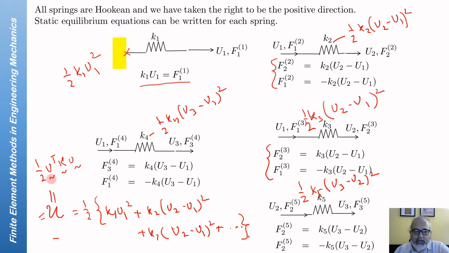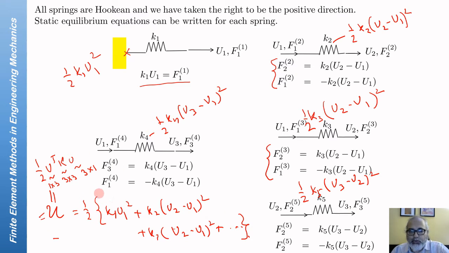Why? Because u transpose is 1 cross 3, k is 3 cross 3, and u is 3 cross 1, so finally you get 1 cross 1, a scalar, and that scalar will exactly be equal to this long sum that we have.